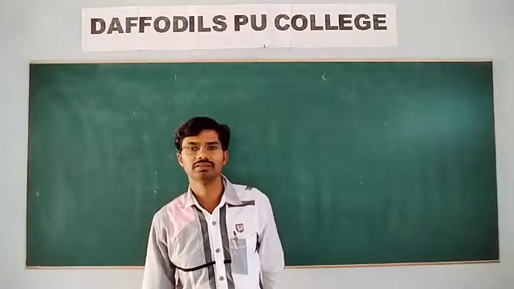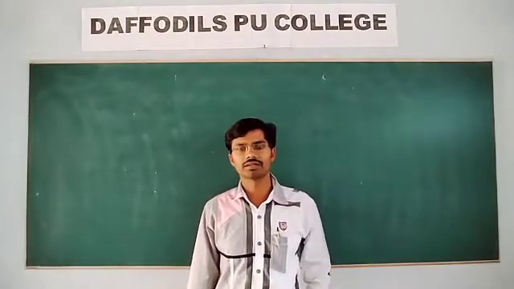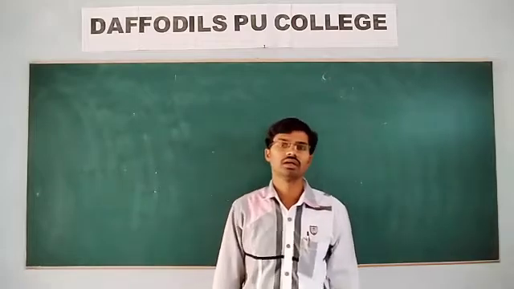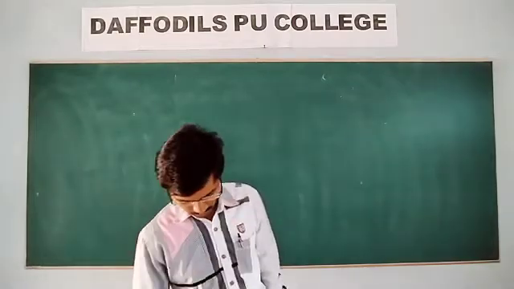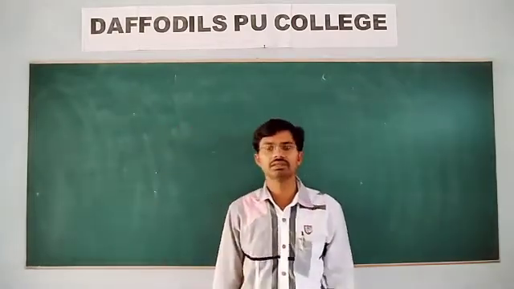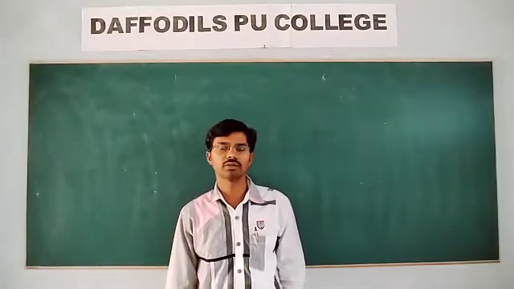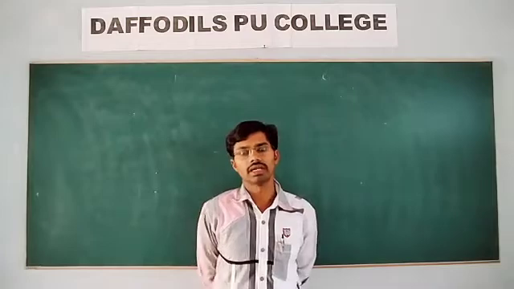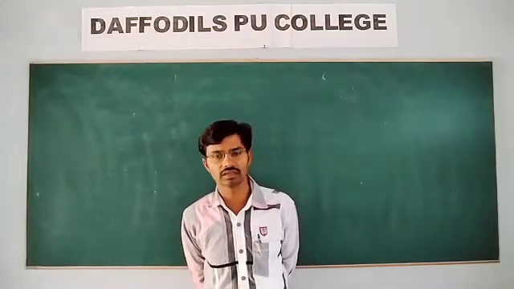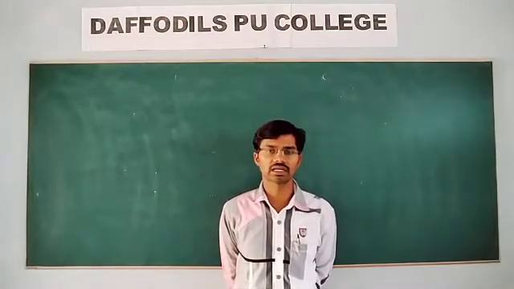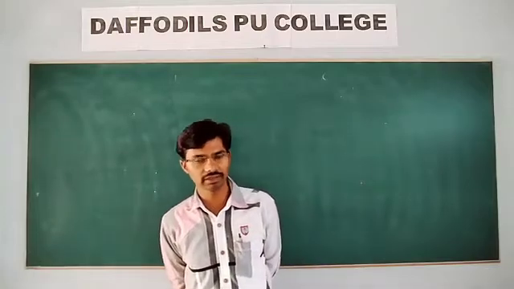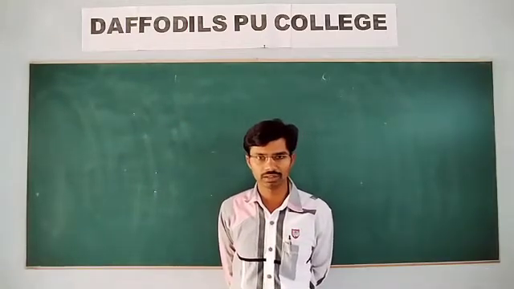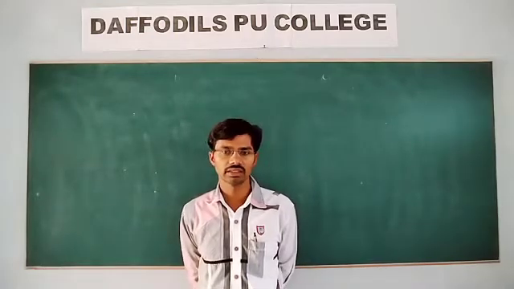Hello everyone. In last class we discussed the electric field due to a point charge and how to calculate the electric field of a system of charges. We also discussed the projection of a charge in an electric field, and the time period of a charged body in an electric field.